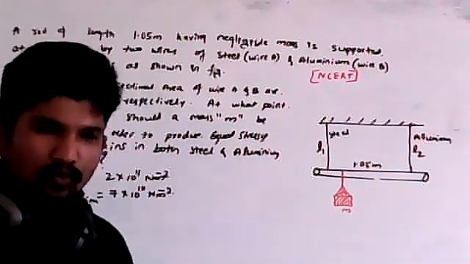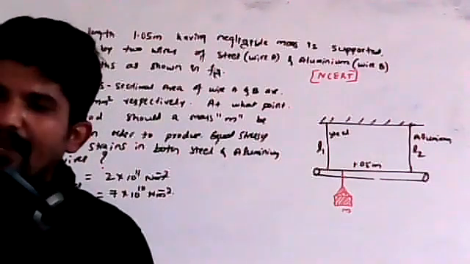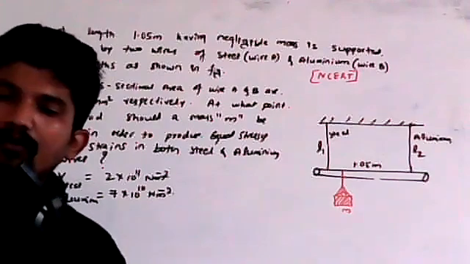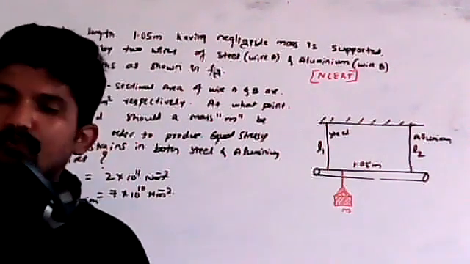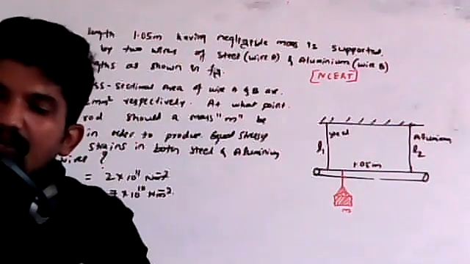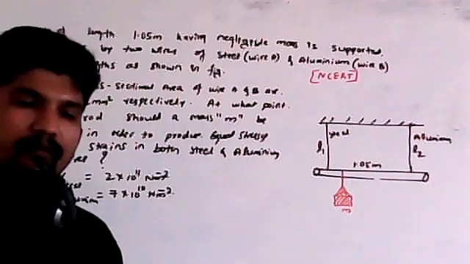Now I have to find out at what point along the rod a mass should be suspended in order to produce equal stress and equal strain both in the steel and aluminum wire.